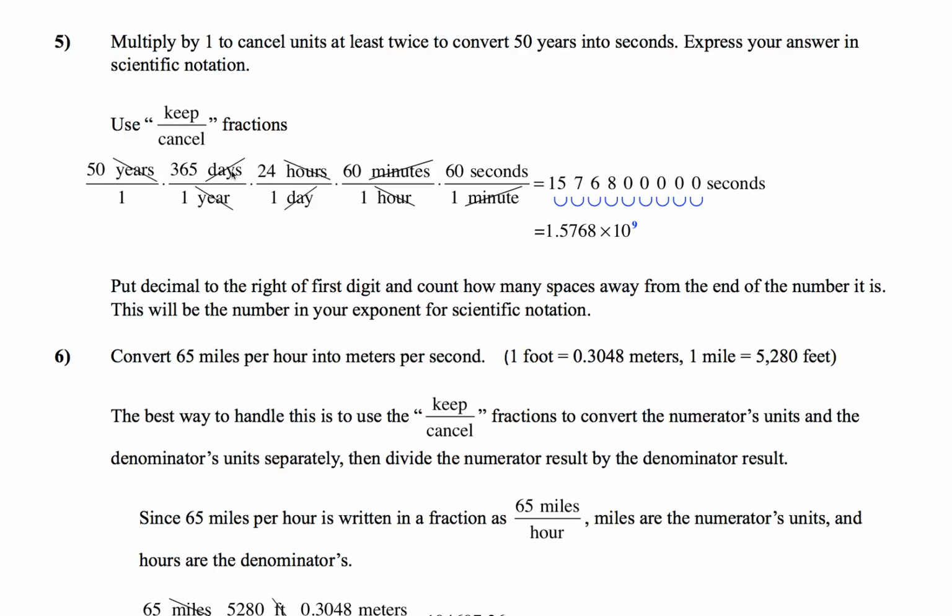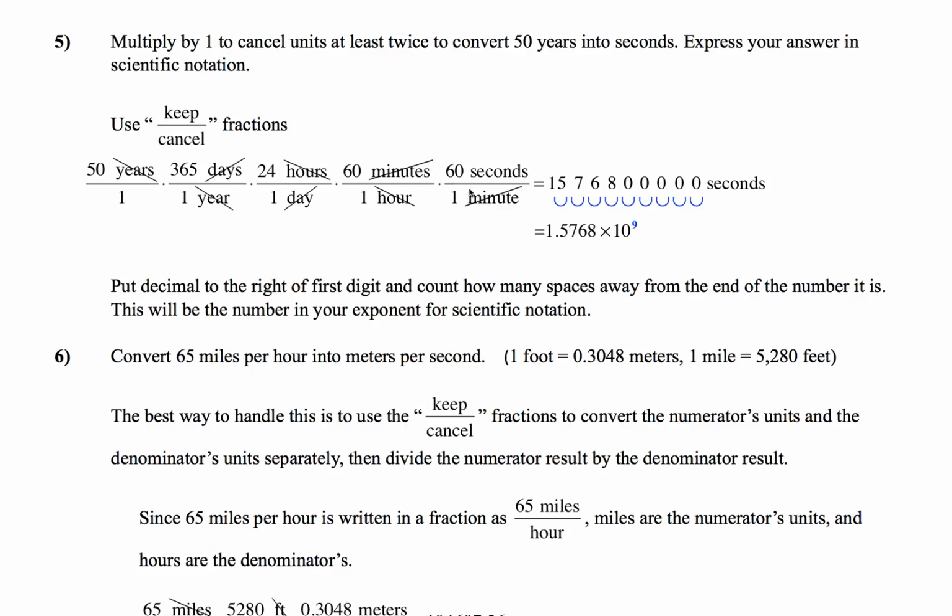Days are the same units, and units cancel just like numbers do, so that gets us one step closer. And continuing this pattern, I convert hours to minutes by multiplying by 60 minutes over 1 hour. The hours cancel. And then finally I convert to seconds by multiplying 60 seconds over 1 minute.